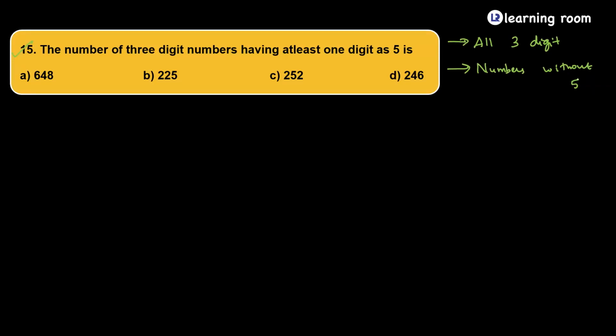Am I right? So what is the first 3-digit number? It is 100. And the last 3-digit number is 999. So if I take this to be A1 and this to be AN, what is going to be the common difference? Common difference is 1. So we know that AN is equal to A1 plus N minus 1 into D. What is AN? 999 is equal to A1, which is 100, plus N minus 1.